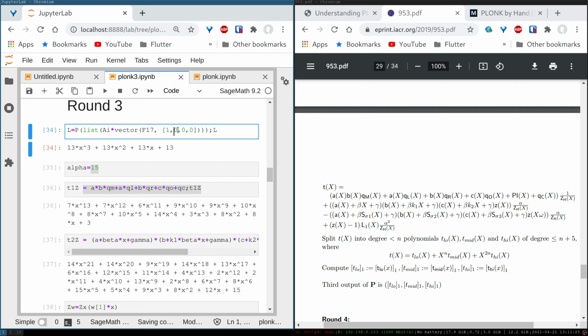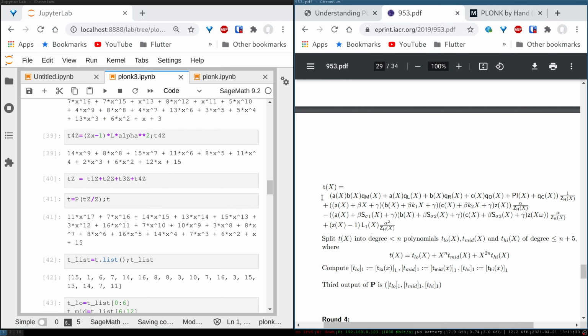So this gives us the four terms of T, and we just sum them together, which gives us T multiplied by Z. So then we divide TZ by Z. By this time, it should divide properly. So if you have made a mistake, then this polynomial would not be an integer polynomial.